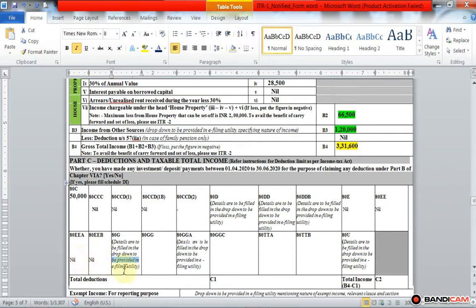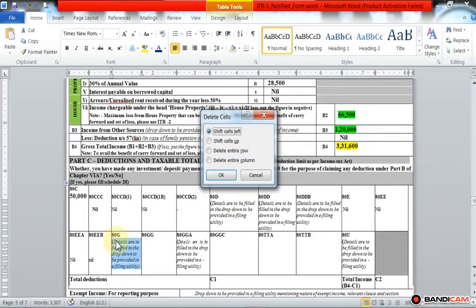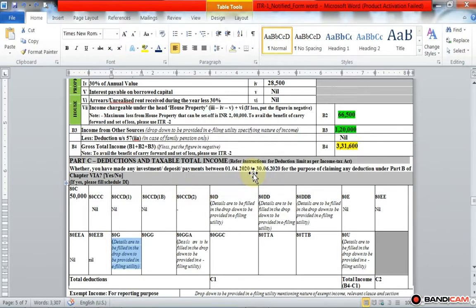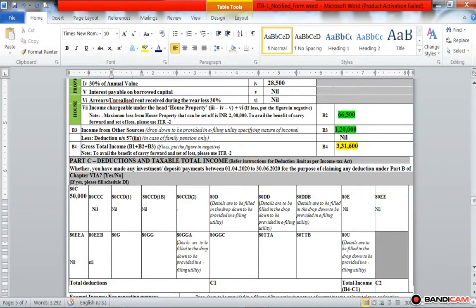Here for donation we get a deduction amounted to rupees 2,500. 50% of the donation is allowed for deduction, 2,500.